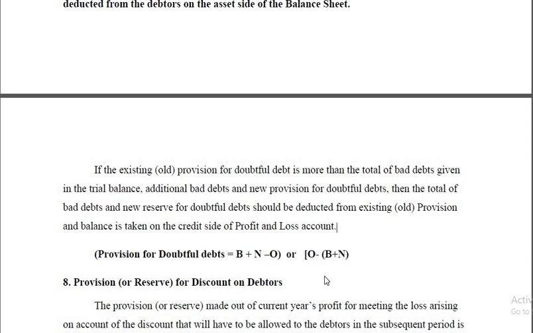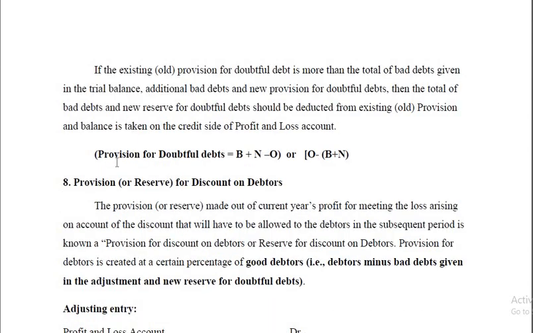So you have got more than your requirement, therefore it must be credited once again to the profit and loss account. Normally reserve is created from profit and loss account by debiting. Now what you have created is more than your requirement, therefore it is put back to the profit and loss account. So profit and loss account is credited, provision for doubtful debt is debited. Okay, the formula is given here.